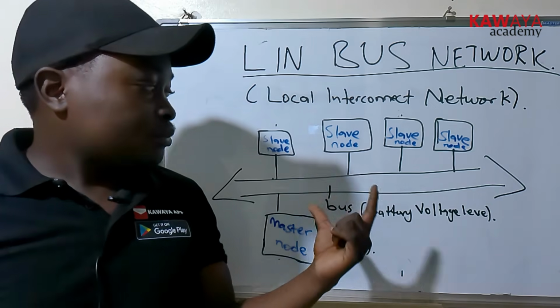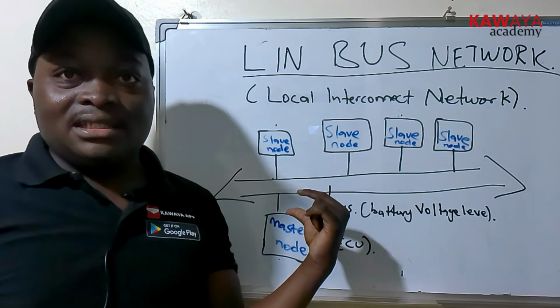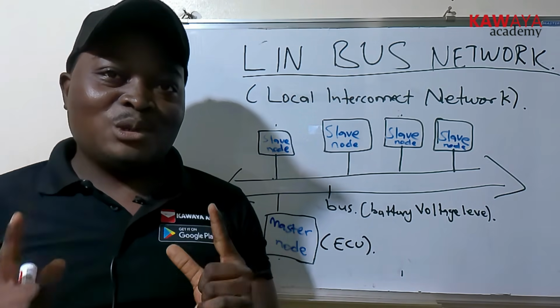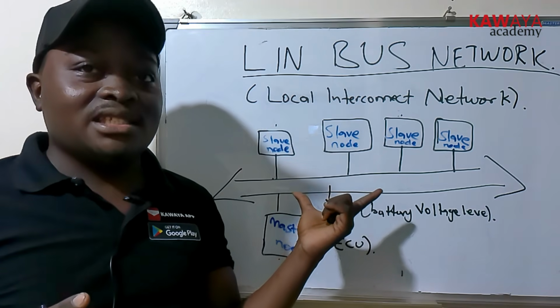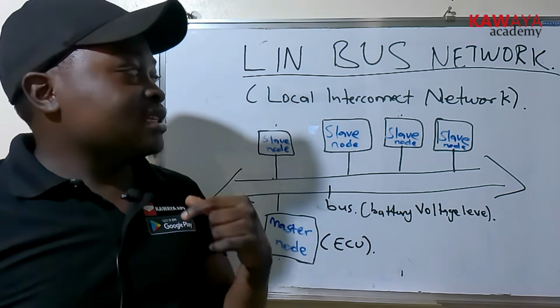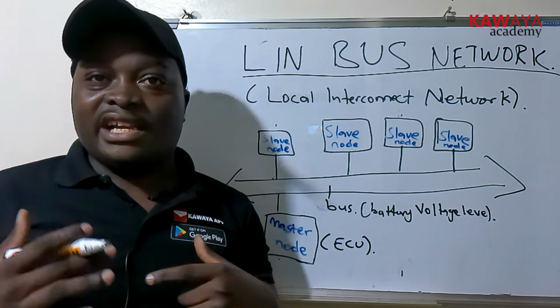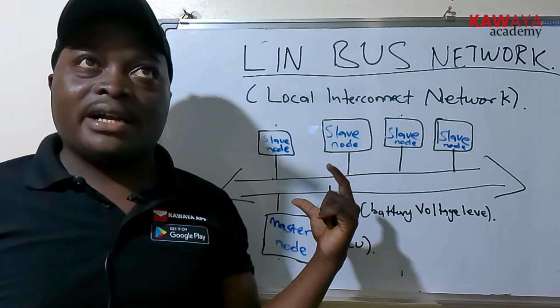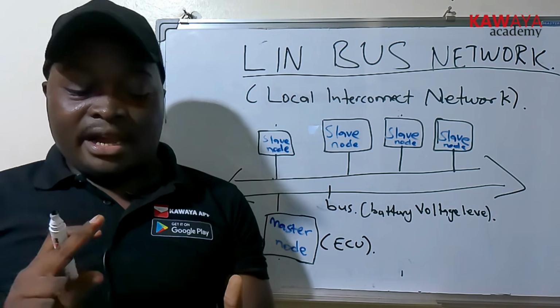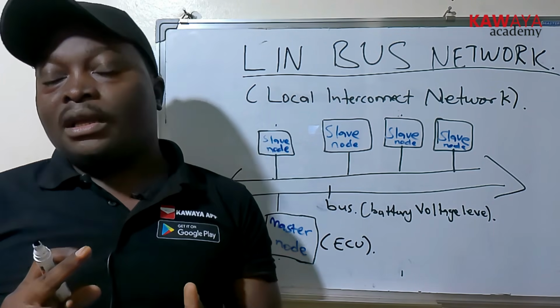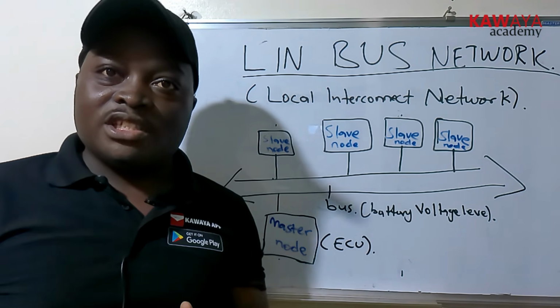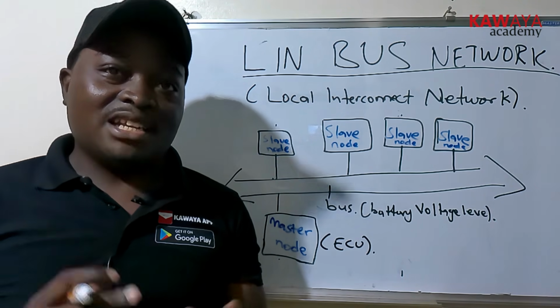Also, unlike CAN, in LIN we have one single wire in which the message is relayed. Examples of systems and devices in cars that use this network are doors, mirrors, climate control systems, wipers, and so on.